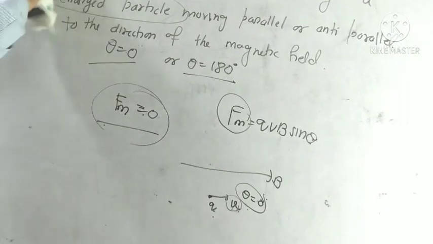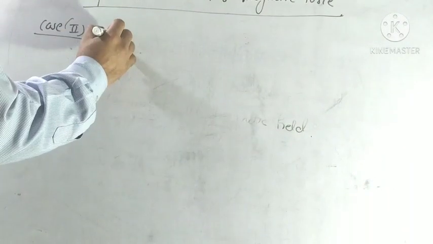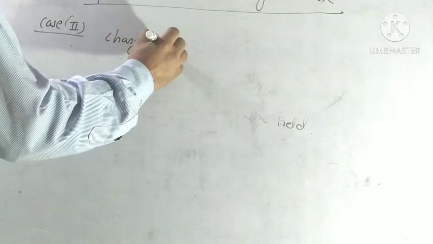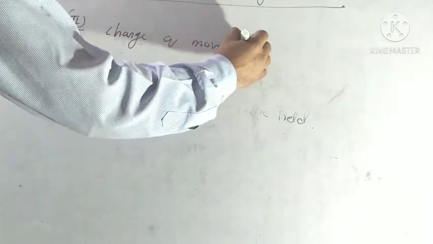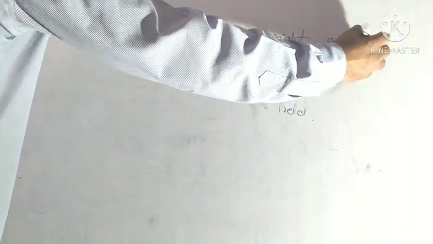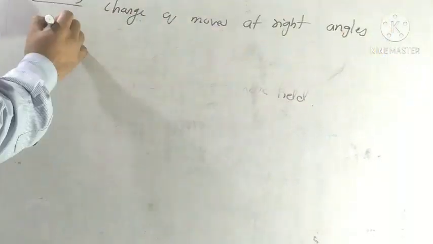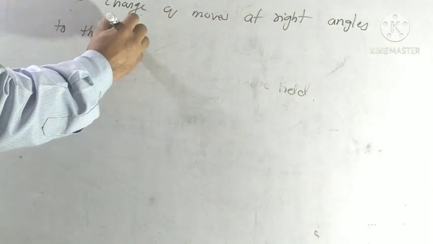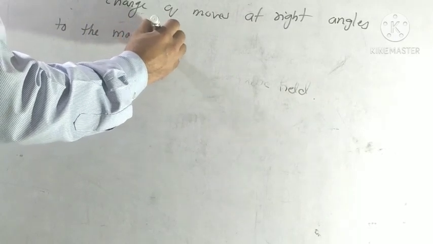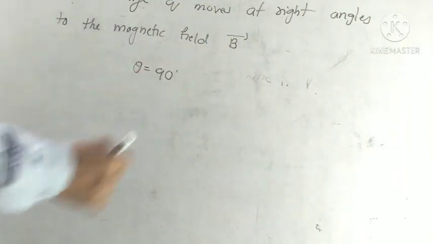So now we discuss the second case. Case number 2: charge Q moves at right angles to the magnetic field B, so theta is equal to 90 degrees here.